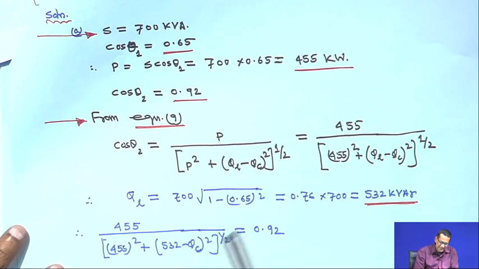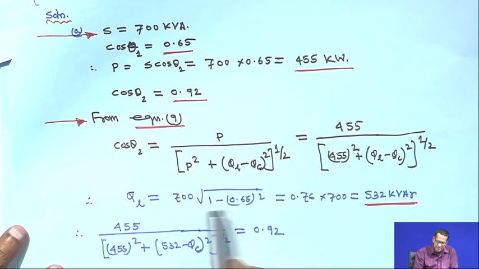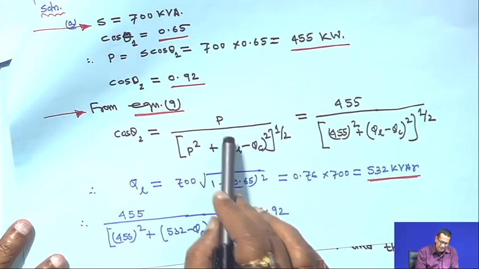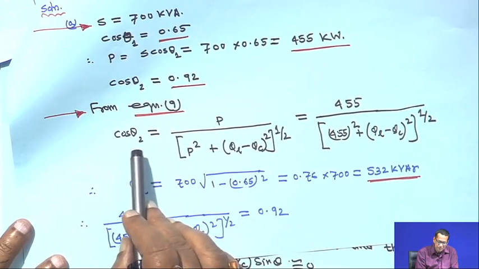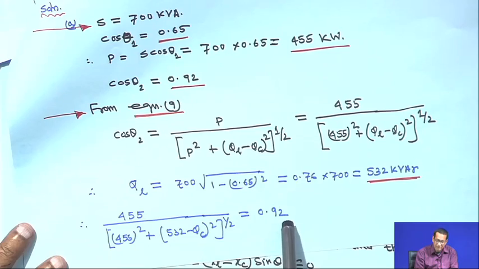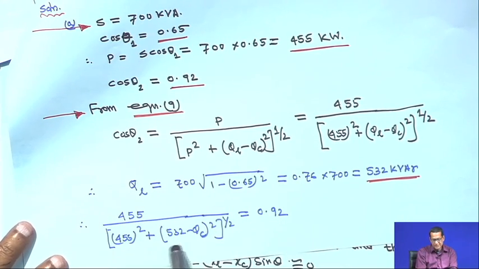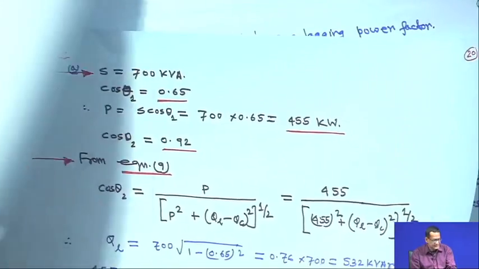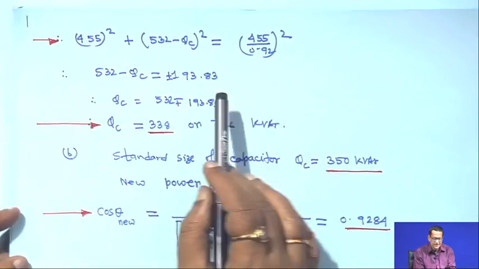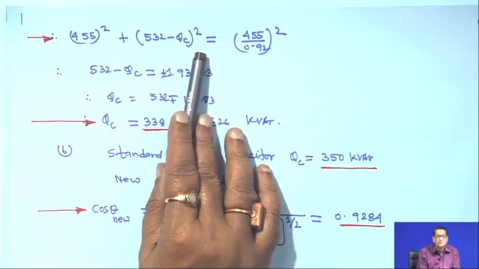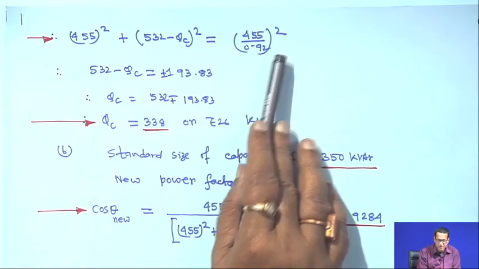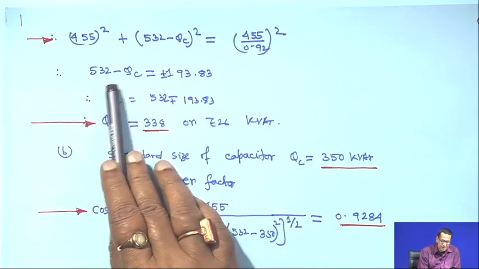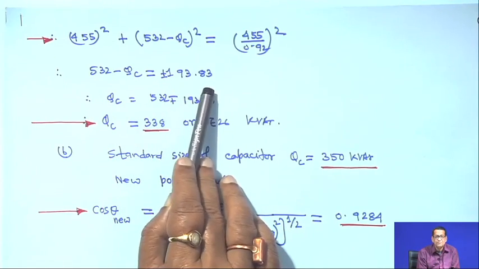Now, in the second case, QL is given. You put it in this equation, wanting to improve the power factor to 0.92, with P remaining the same at 455. So, cos theta 0.92 equals 455 upon root over 455 squared plus (532 minus QC) squared. Squaring both sides, 455 squared plus (532 minus QC) squared equals (455 upon 0.92) squared. So, 532 minus QC equals plus or minus 193.83.